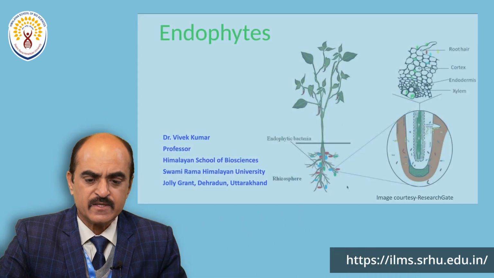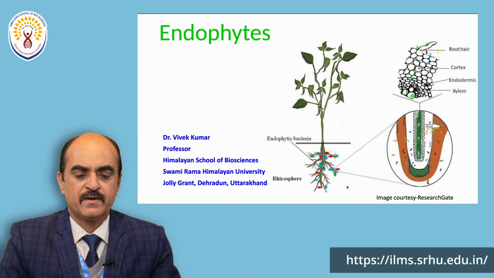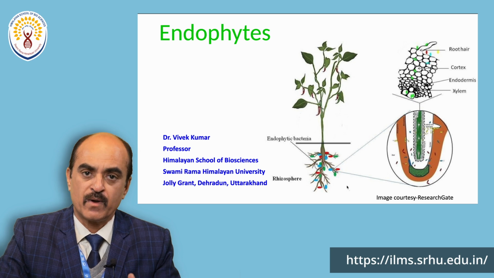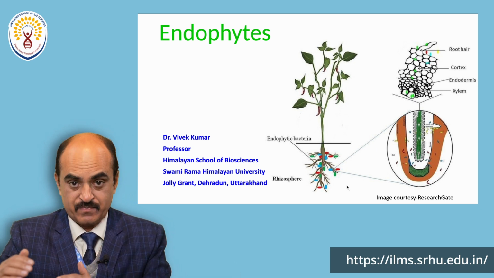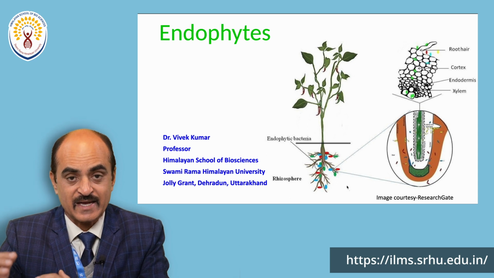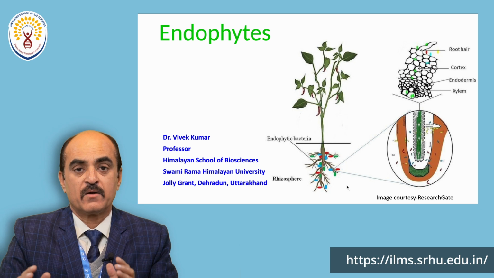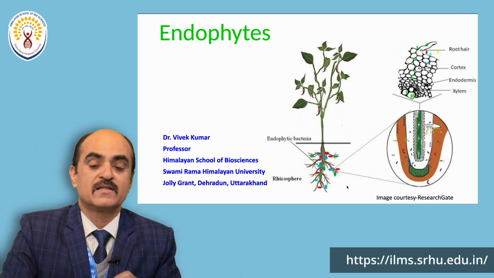So in this picture we can see that there is a plant, and there is the above ground plant as well as the below ground part of this plant in the form of root. And when we enhance or increase the size of the root, we can see there are certain microorganisms which are present outside the root, and some of the microorganisms which are present inside the root.